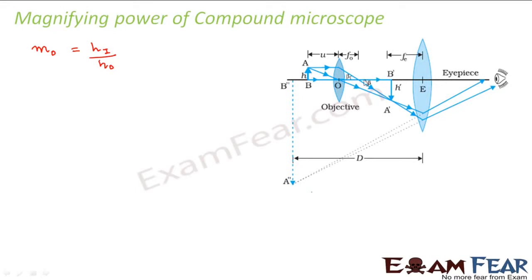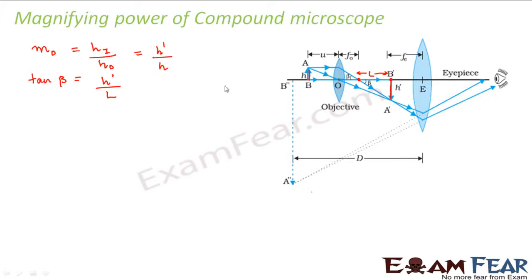Looking at the diagram, in this triangle, tan beta is nothing but h dash divided by L. What is this L? L is nothing but this distance from this point to this point.